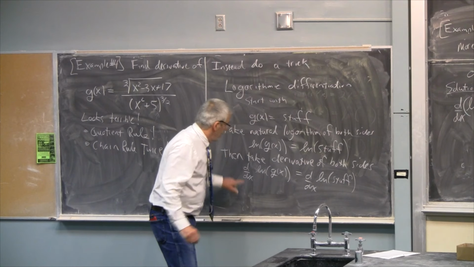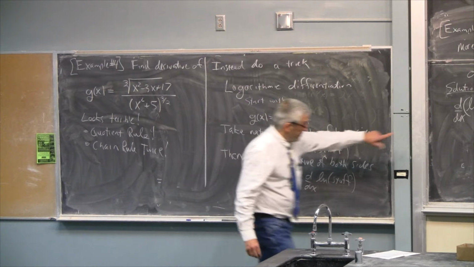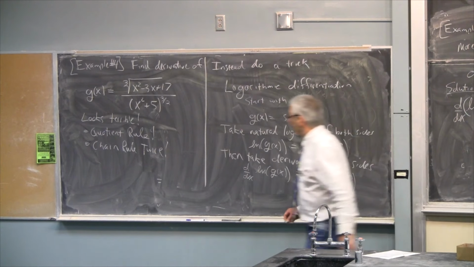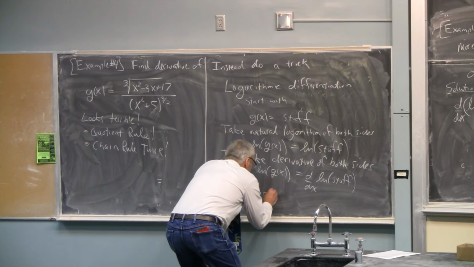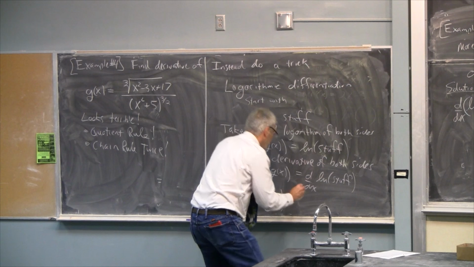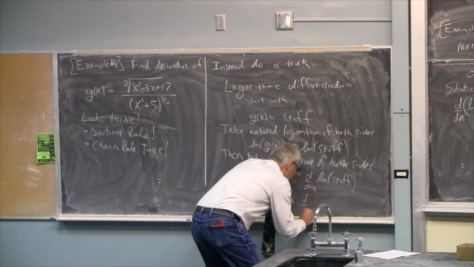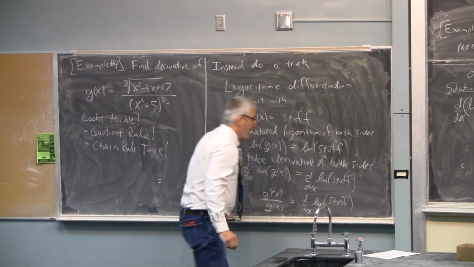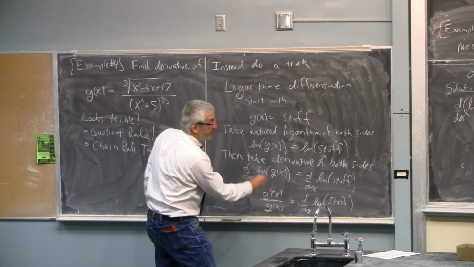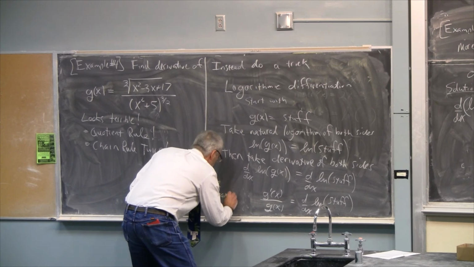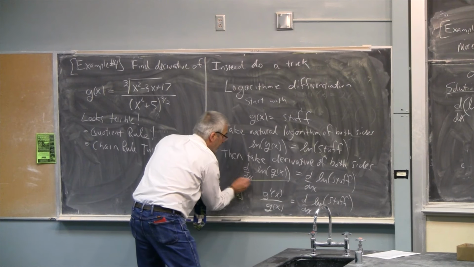Because look, the derivative of ln of g of x is just like this. On the left side, we're going to get g prime over g. So g prime of x over g of x equals the derivative of ln of all that stuff. So here we used example 2 to go from here to here.